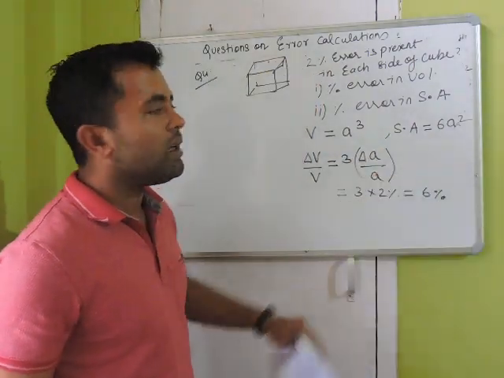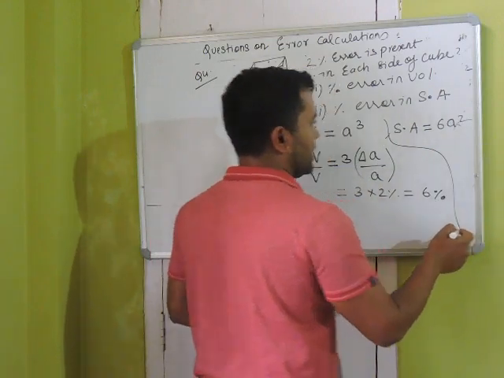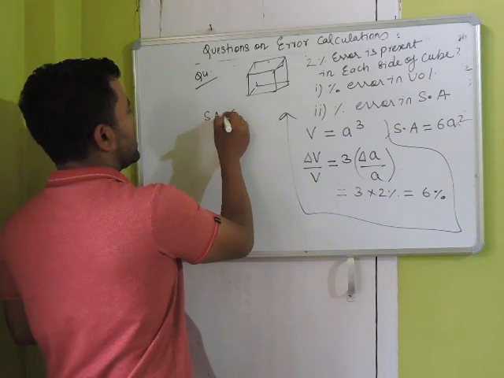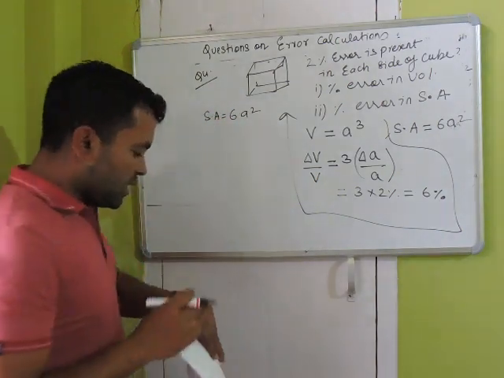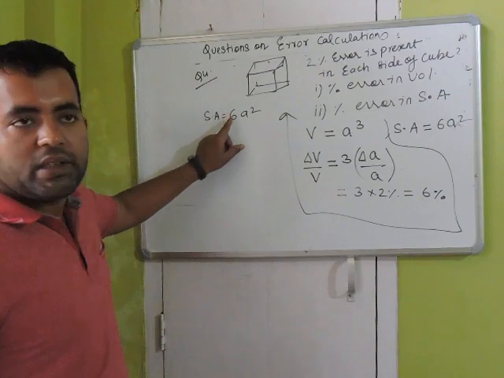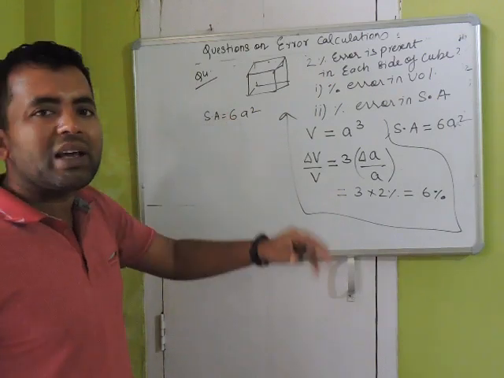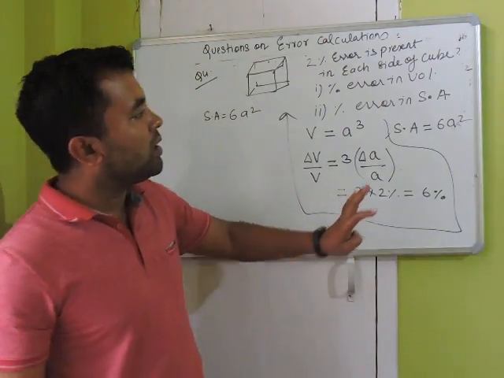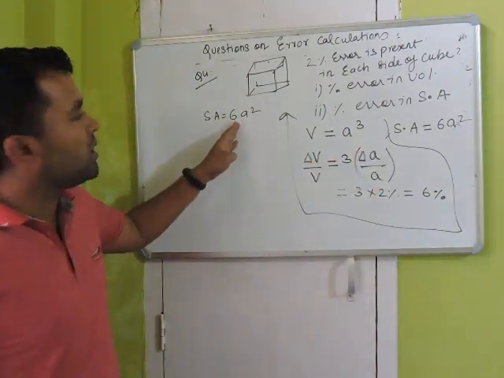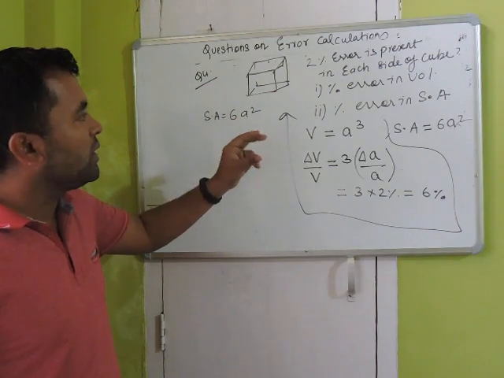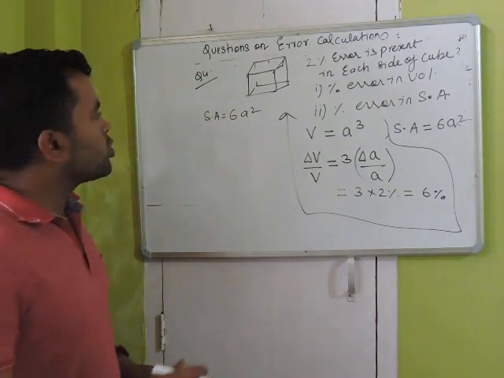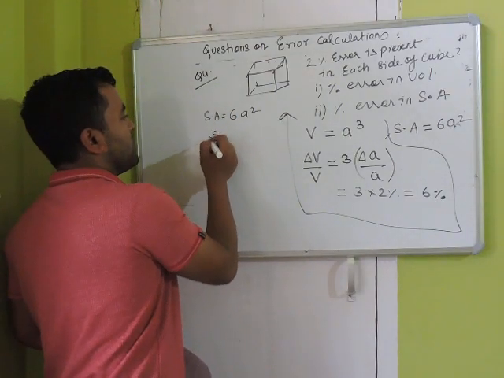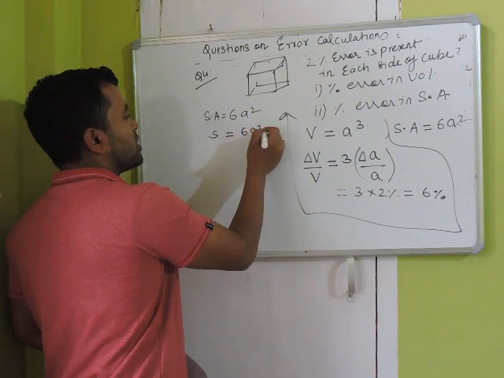Now surface area, there is a catch here, that 6 comes, right? Surface area is 6a square. Now it turns out that any constant will not have error, right? It doesn't matter whether 6 is there or 100 is there, or pi is there, any constant will not have any error. So when calculating error, the constant will not enter. So surface area, let us say I represent by S, which is 6a square.